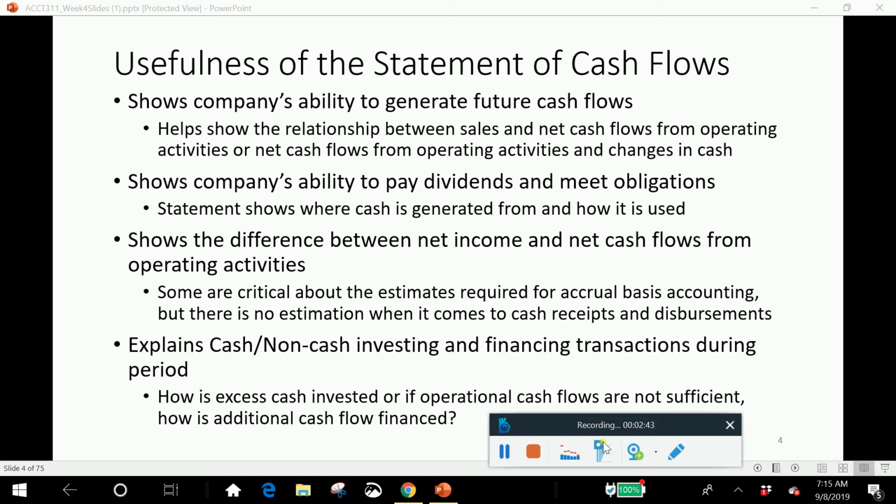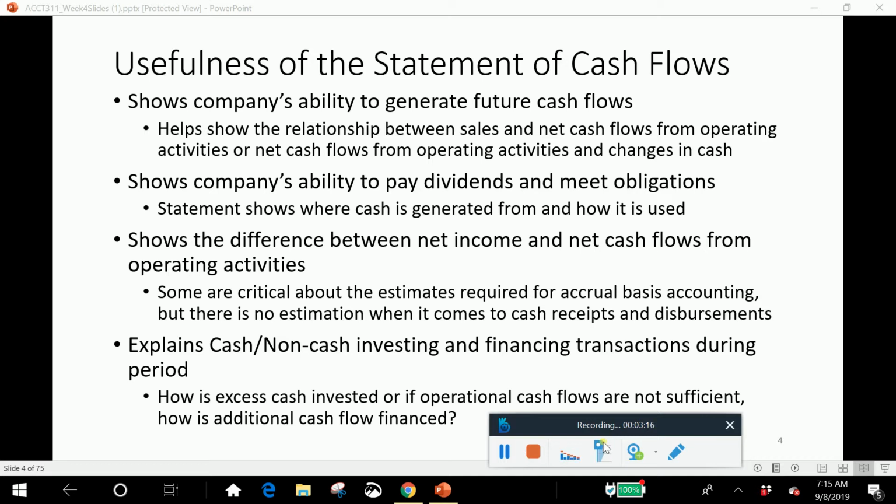And how it does this is by showing the relationship between sales revenue on the income statement and net cash flows from operating activities, and changes in cash. So what we really mean by this is the company had X amount of dollars in sales, but how well was it able to generate that sales revenue into actual cash from operations?